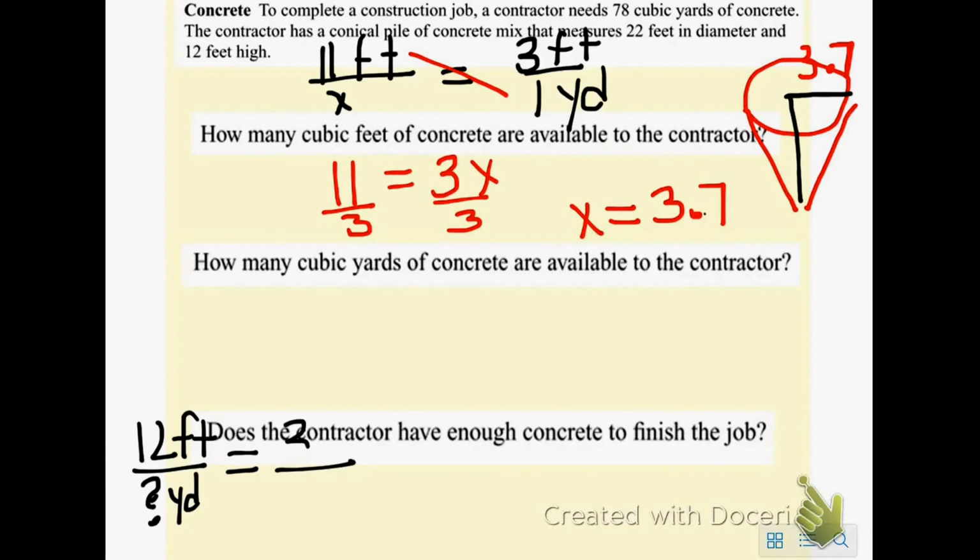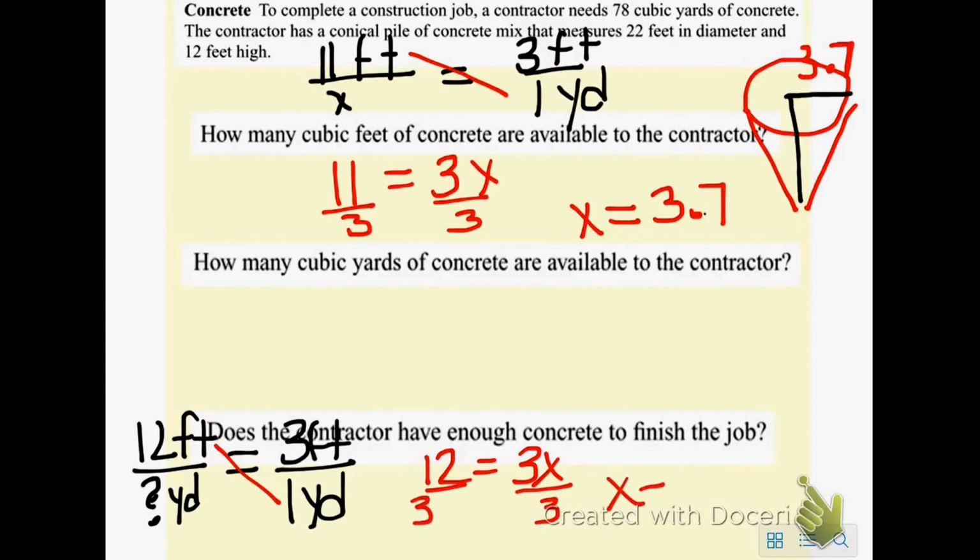I know there are 3 feet for every 1 yard, so I'm going to cross multiply. That gives me 12 equals 3x. If I divide both sides by 3, x equals 4. So my height equals 4.